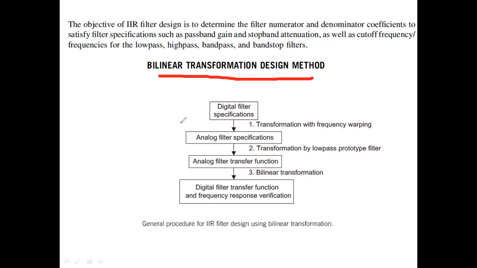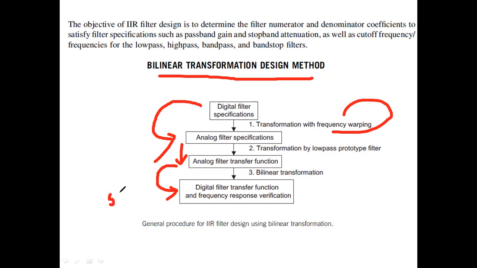Here we will get our digital specifications, and with some sort of transformation, we'll bother about this later, we'll get the analog specification, design an analog filter, and then apply a suitable transformation from the S plane to the Z plane to get a digital filter. That will be the general procedure. Let us see later. But maybe we have to study the analog filter design now.